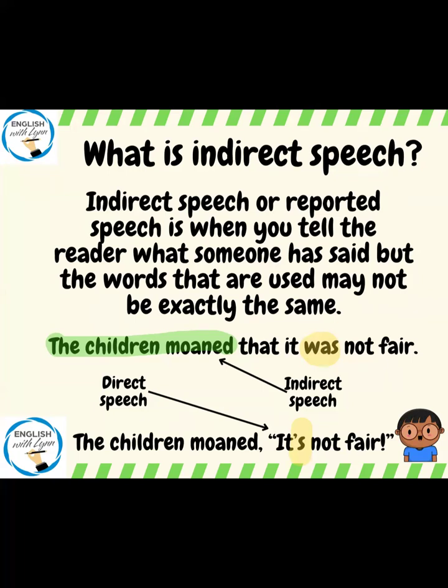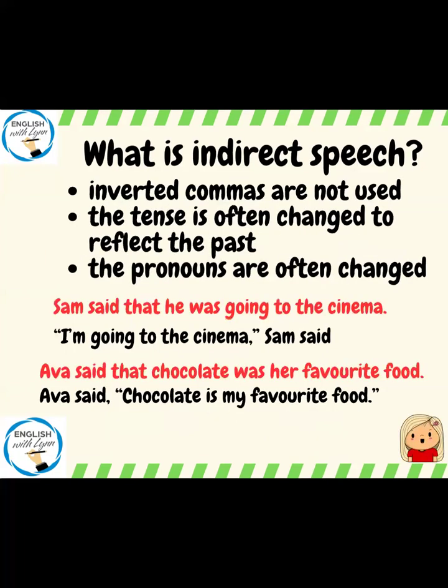So I will also need to change the pronouns within what I am writing. Okay. So some of the rules that we need for the reported speech, with the indirect speech, there are no inverted commas. Okay, so you don't need speech marks for the indirect speech.